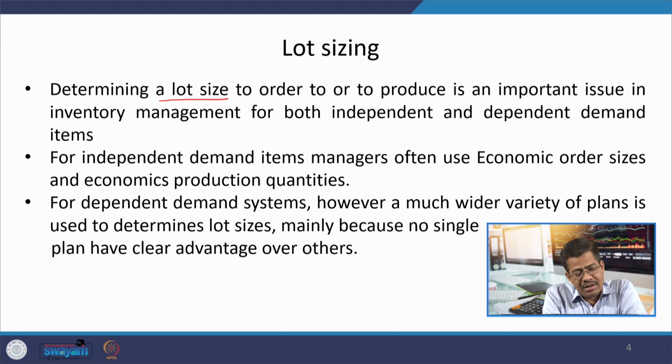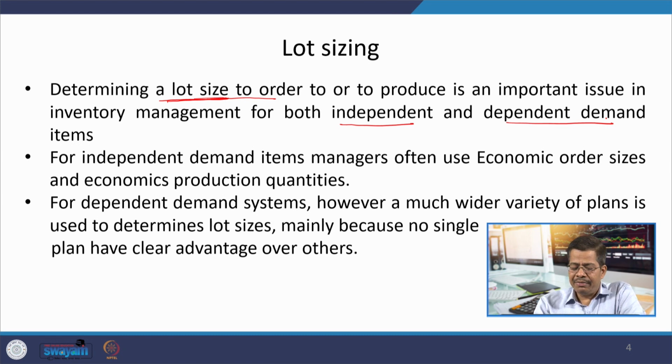In some cases, whatever is the requirement, I just purchase that many. So, lot size of the order is a very important issue because of cost related implications, and this is important whether we are talking of independent or dependent demand.